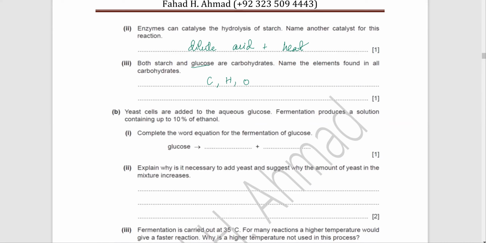Then you have yeast cells added to aqueous glucose. Fermentation produces a solution containing up to 10% of ethanol. Complete the word equation for the fermentation of glucose.